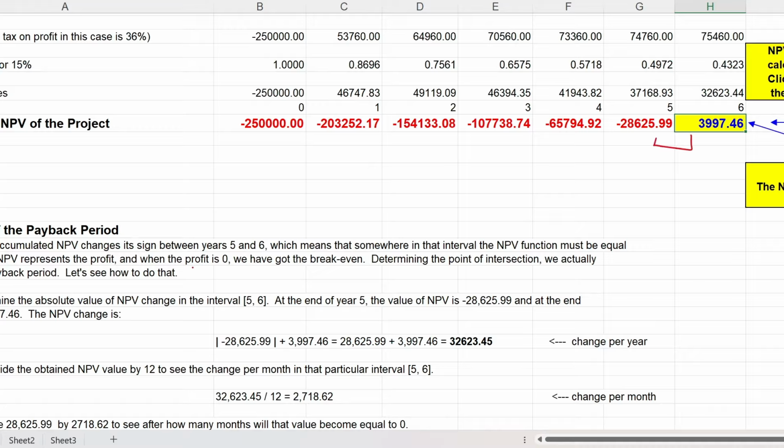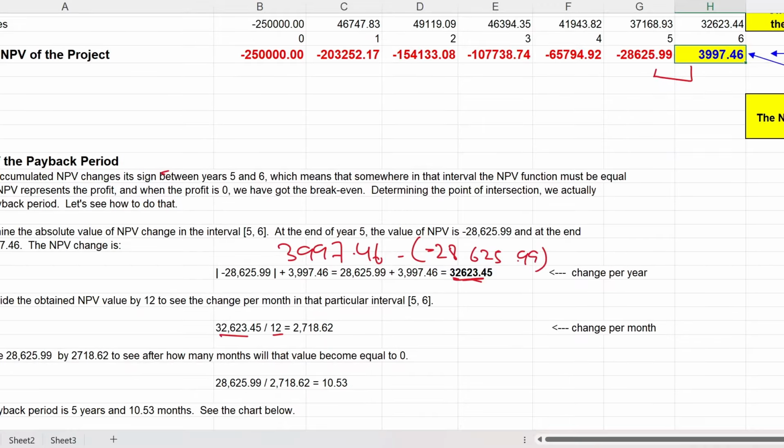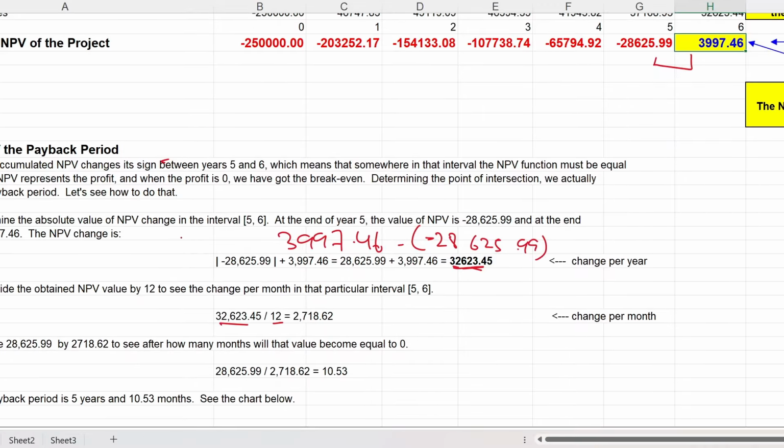You can do it a couple of ways, it's going to be positive anyway. So take the value 3997.46 minus 28625.99. We'll get this value, and then we take this value divided by 12, so we can get the changes per month, and then we take the negative value, which was in year 5.